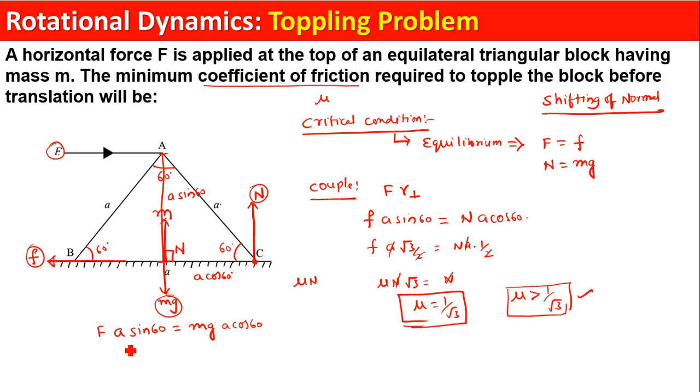A gets cancelled. F times root 3 by 2 equals mg times 1 by 2, so the two cancel. The maximum force we can apply is mg by root 3, so that the system will be under the critical condition.